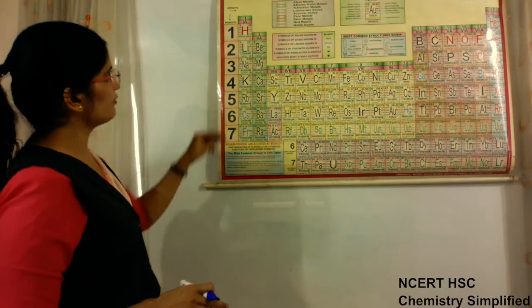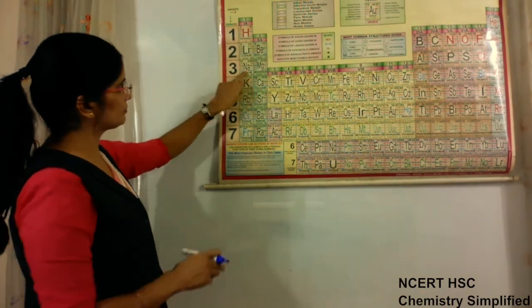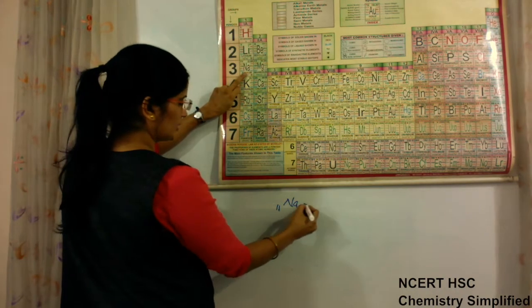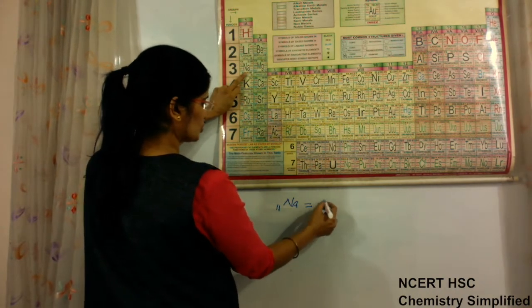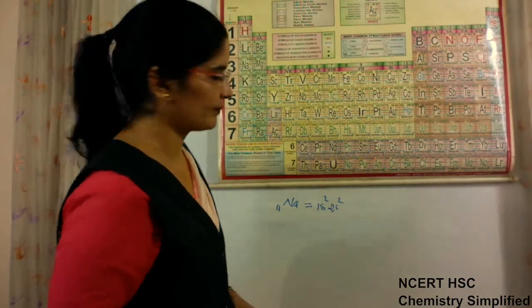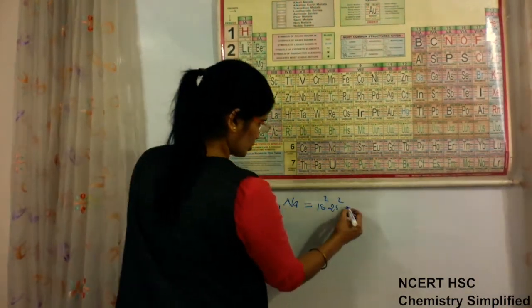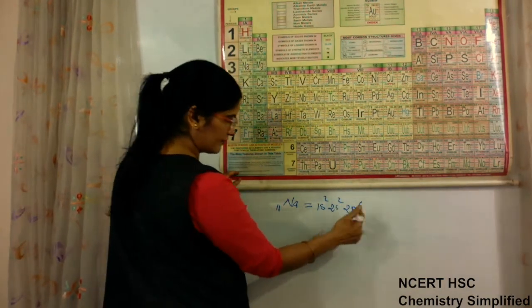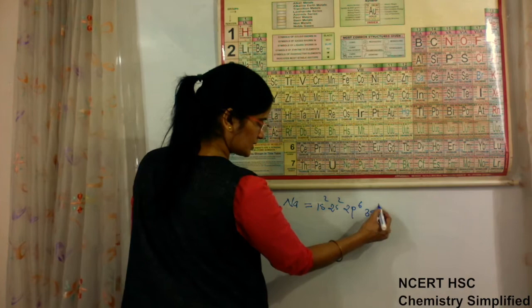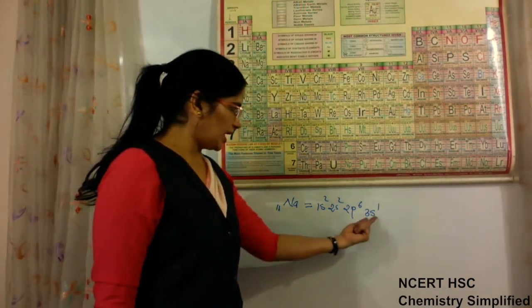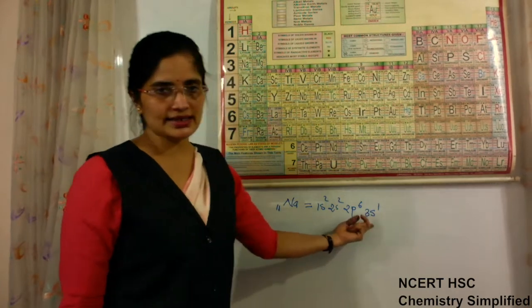For example, take sodium, Na, atomic number 11. It is 1s2, 2s2, 2p6, that is 10 electrons filled. Now it will go in 3s1. So the last electron is going in S.